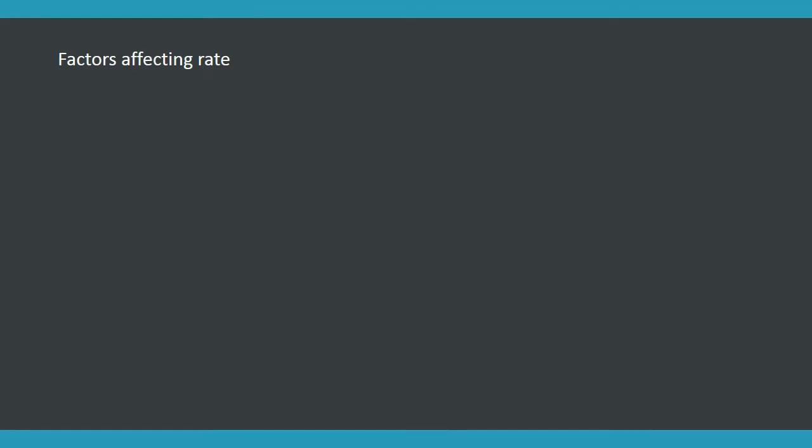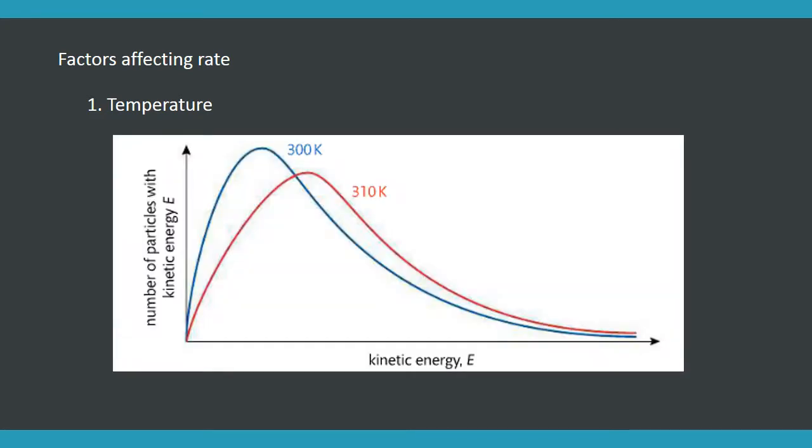So there are factors that affect rate. How can we manipulate that kinetic energy, and how can we manipulate making sure our particles have the correct geometry, so on and so forth? Temperature, of course, is going to be the easiest one we can go through and look at. So here we have two Maxwell-Boltzmann curves.